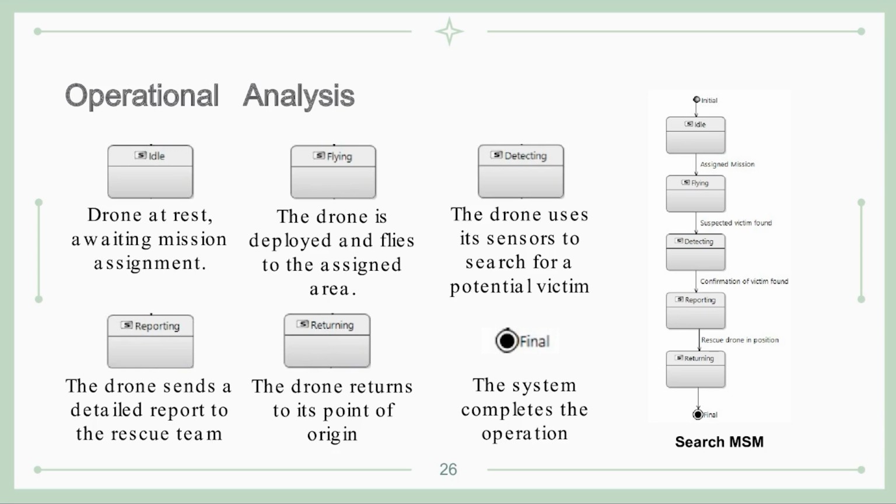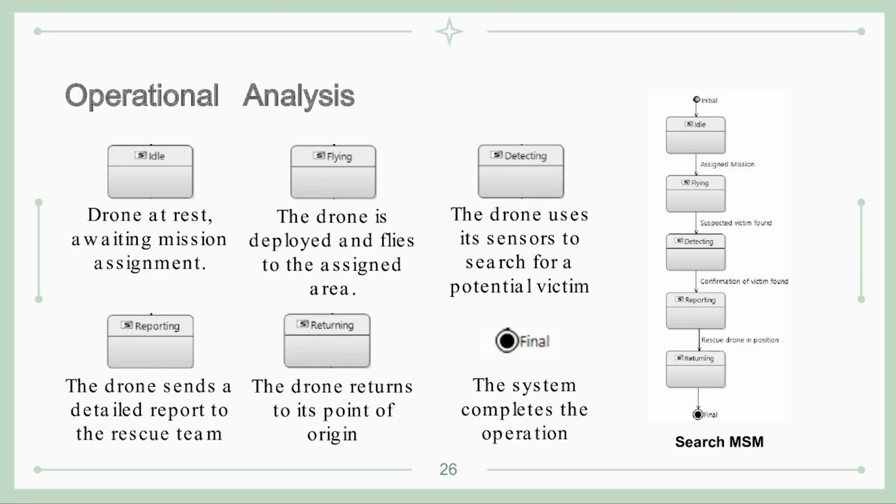Later is the detecting state. The drone uses its sensors, thermal, visual, and others, to search for a possible victim. In this state, signs of victims are identified in the search area. Later, we have a reporting block. Once the presence of a victim is confirmed, the drone sends a detailed report to the rescue team.